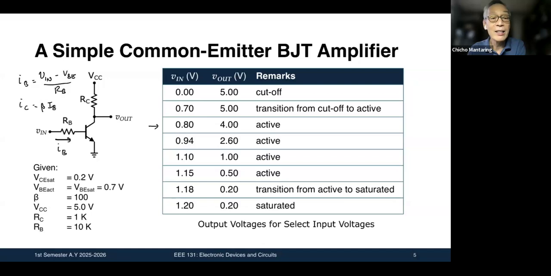So that is also one way of increasing your gain. Okay, I hope I answered that question. Any other question? Okay. Yeah, no, you have to think of gain as the change, no, as the change, not the absolute value.